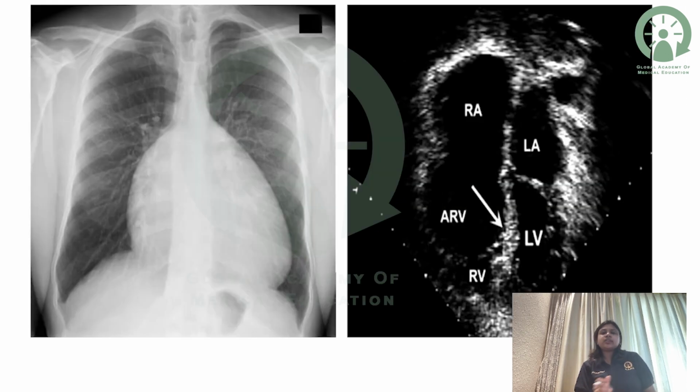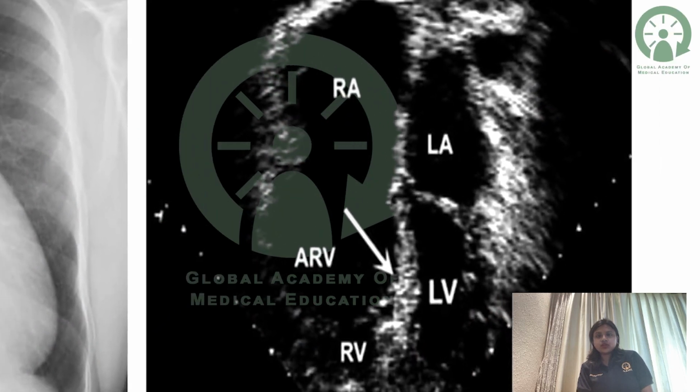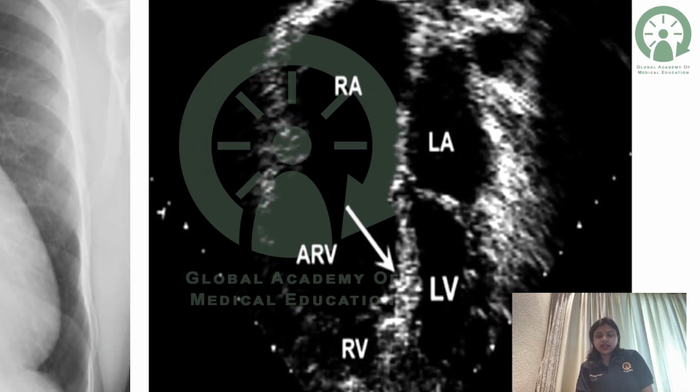Okay. So let us quickly see some images related to congenital heart disease. As you see over here, we have two images. One is the chest X-ray and the other is the echocardiography. So first see the echocardiography over here. Can you see that the right atrium is enlarged and the tricuspid valve is actually sagging below, and the right ventricle is small.